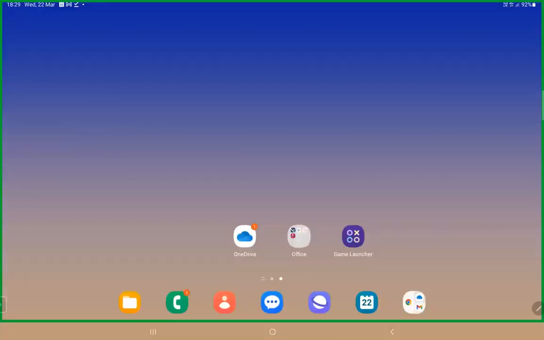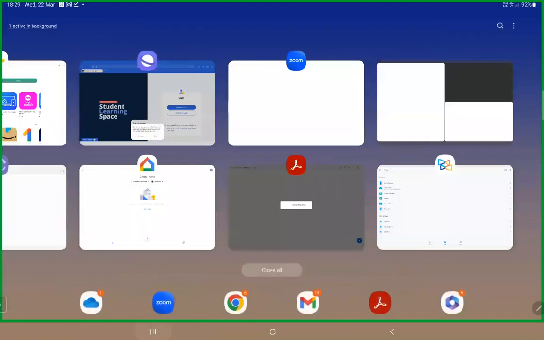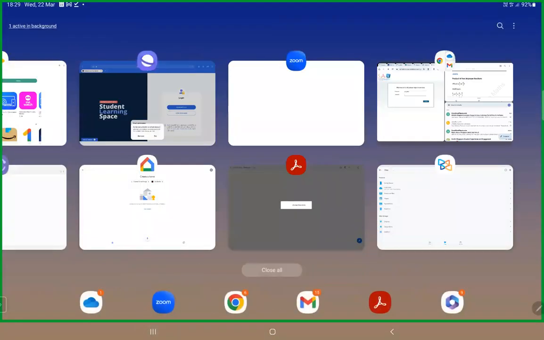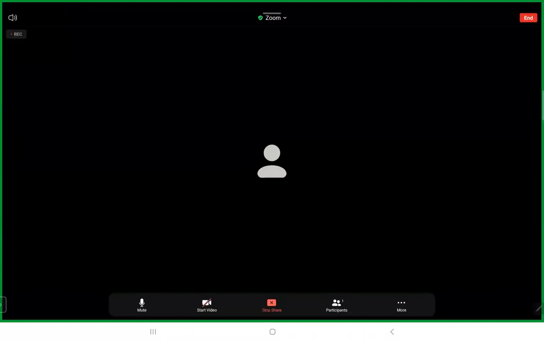Apologies, I'm trying to do this on the tablet, so it's a bit confusing for me. How to do this well? I think it's a bit troublesome. So I will need to stop sharing first and open up the document separately. Sorry about that.